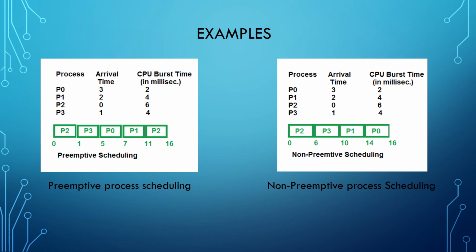In preemptive process scheduling, it follows first come first serve in a specific time limit, and it is based on arrival time. Next, non-preemptive process scheduling. It is completed till the CPU burst time is completed. It should go on executing.